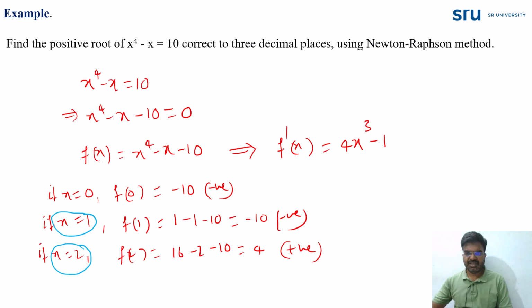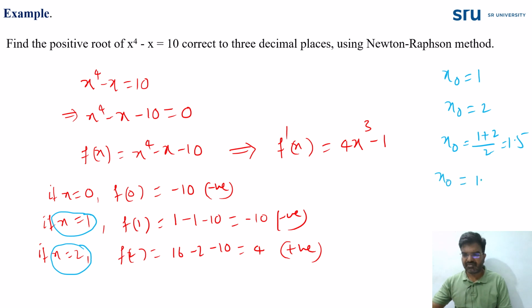We have to consider the initial approximation of the root. To consider the initial approximation, we can consider x naught equals to 1 or x naught equals to 2, or you can take x naught equal to the midpoint of 1 and 2, 1.5, or you can take any number between 1 and 2.